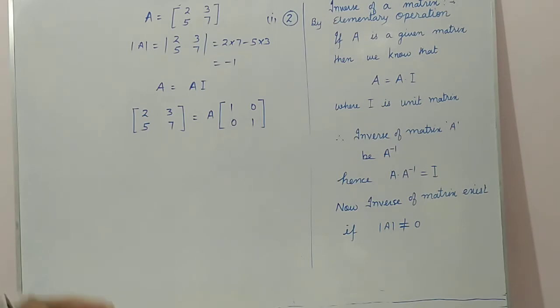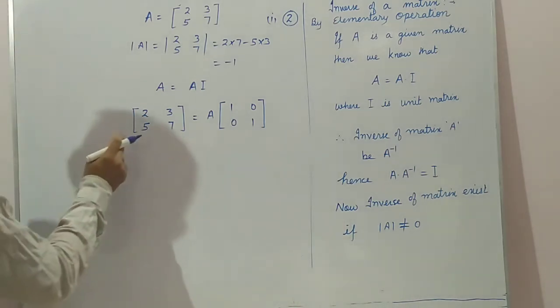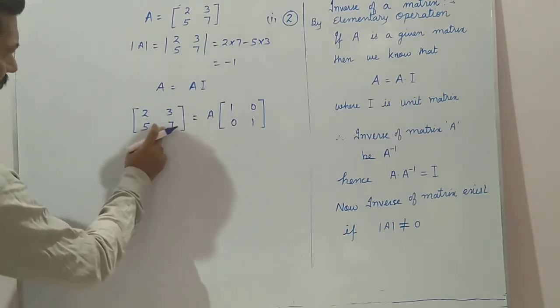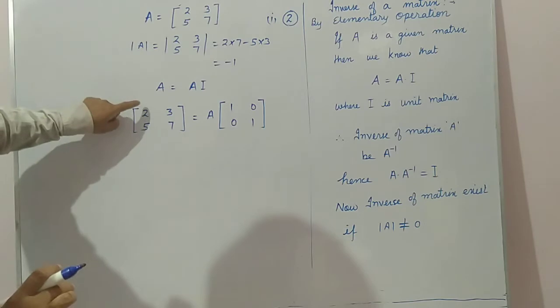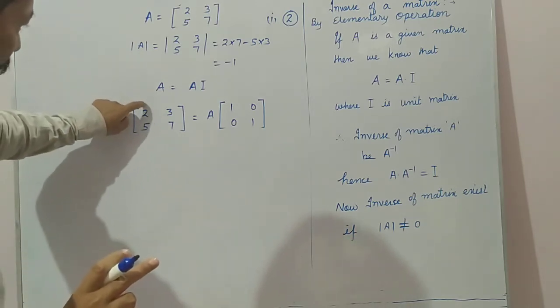Okay. So first step: see, this is 5, this is 7. These numbers are much greater than this one. Our main aim is to bring here 1.